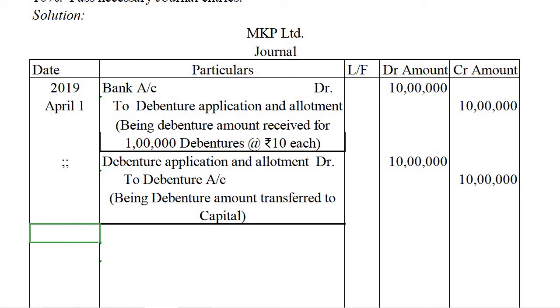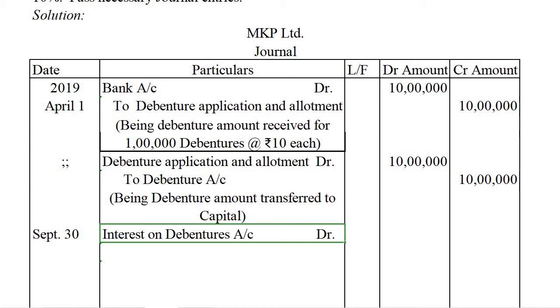Now the next journal entry is the due entry for interest. Here interest is to be written by considering the tax also. So on September 30th, the journal entry to be written is interest on debentures account debtor. How much interest on debentures? 10 lakh into 8%, that means 80,000, and its half is 40,000. So 40,000 interest on debentures.